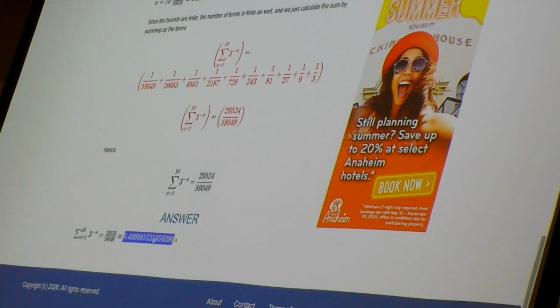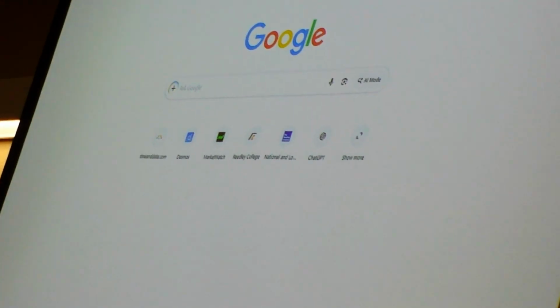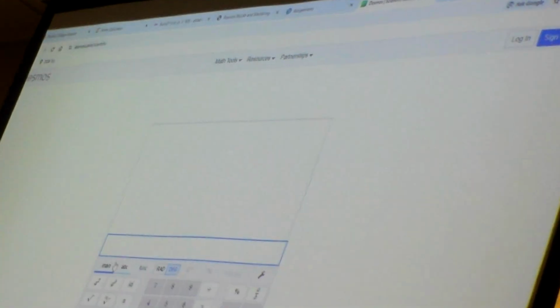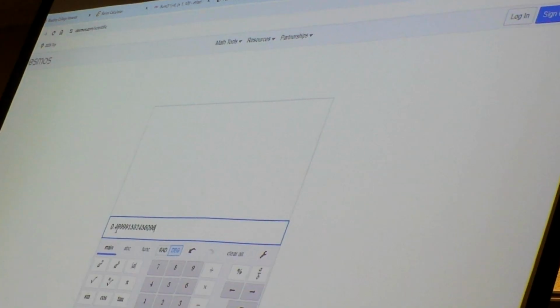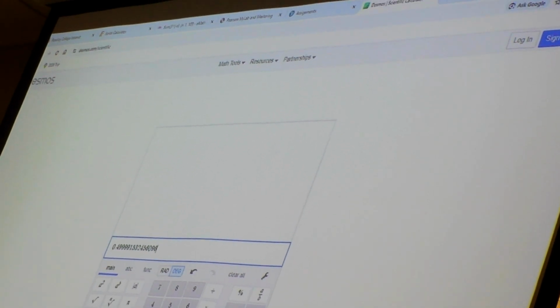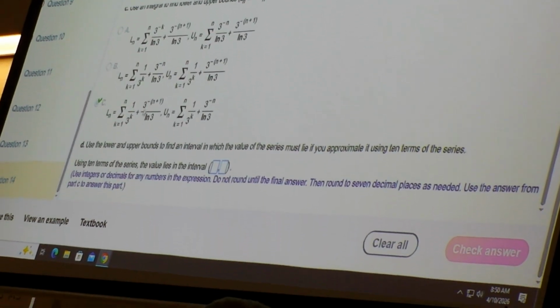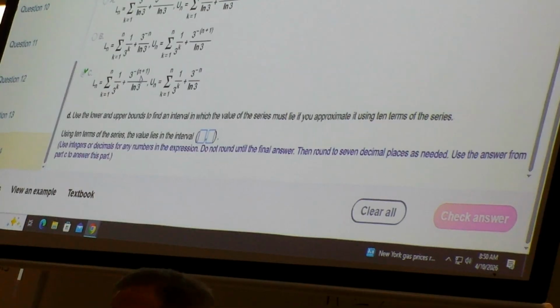All right, so let's take this, copy. Let's go to Desmos, scientific calculator. You have to do Control V. There it is. Now we need to add on to that this part with 10 for n.